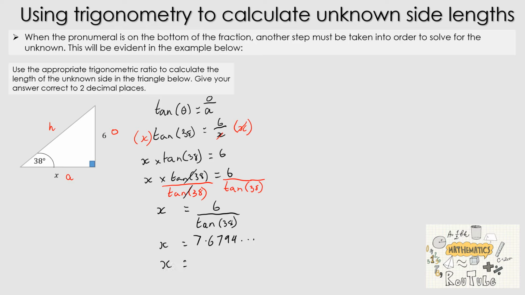We need to round to 2 decimal places, which is step number 6. So 2 decimal places should be 7.6, and the digit after the 7 is 5 or above, so that makes the 7 increase to 8. So the correct answer for the adjacent side is 7.68. Once again, no unit of measurement. If there is, please make sure you include it in your final answer.